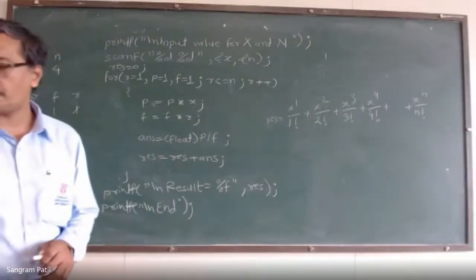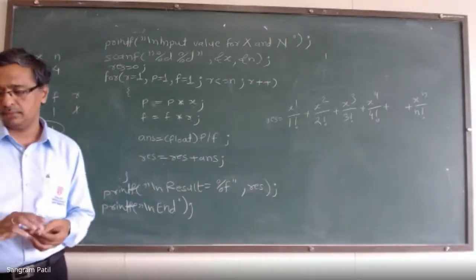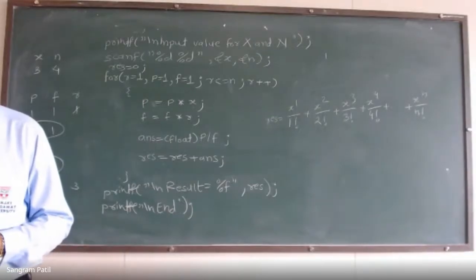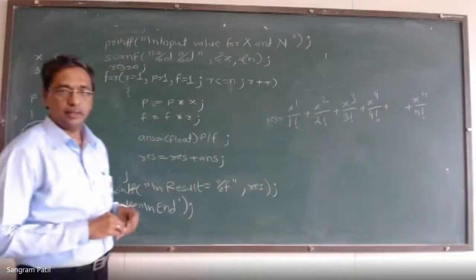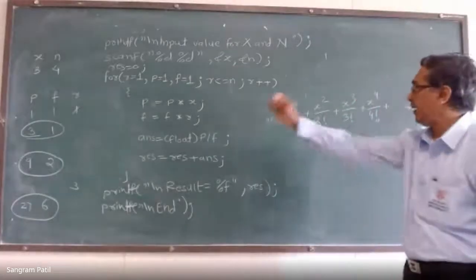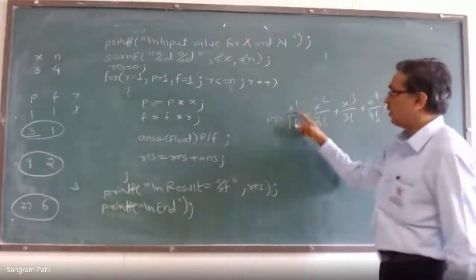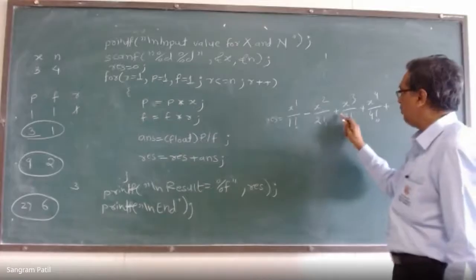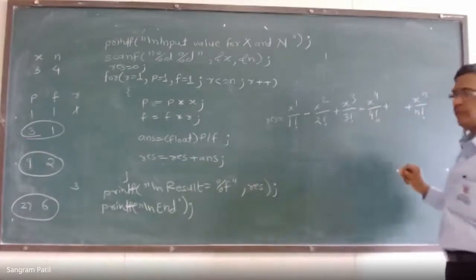Clear? Any doubt in this? कोणाला डाउट आहे का? ठीक आहे. आज जर का प्रोग्राम कळाला असेल तर मला काय करायचं बघा. x raised to 1 divided by 1 factorial minus x raised to 2 divided by 2 factorial plus x raised to 3 divided by 3 factorial minus x raised to 4 divided by 4 factorial.